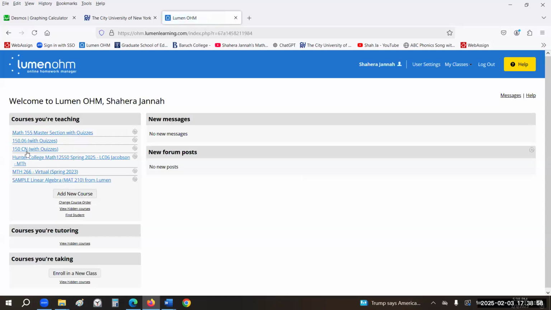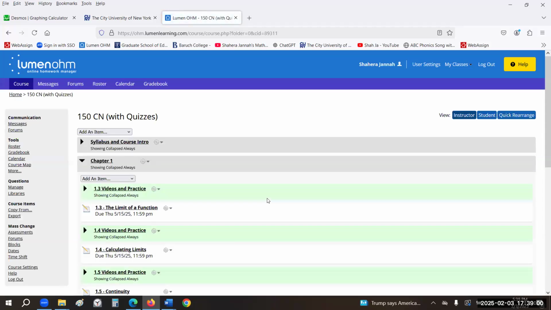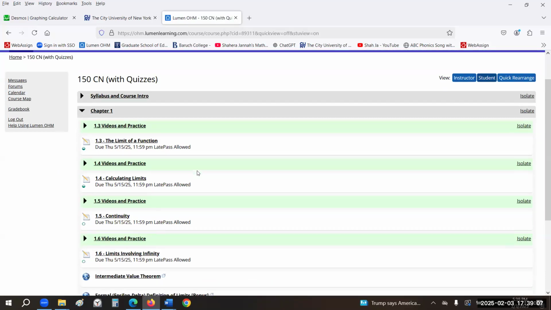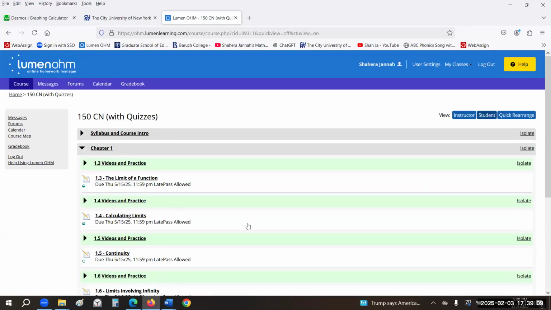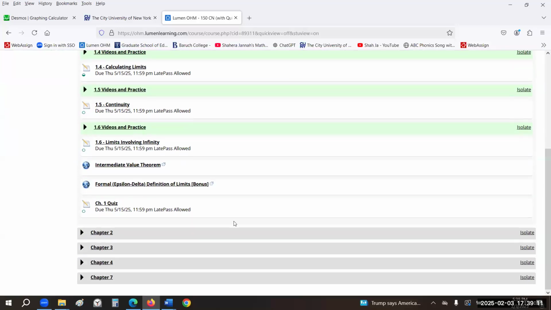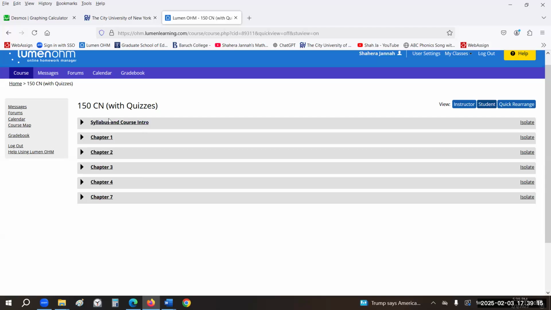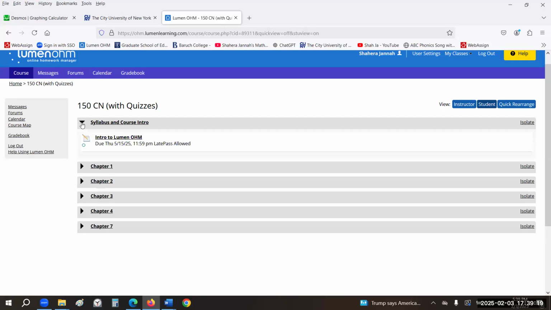Once you log in, you're going to see this class. Let me go to student view. You're going to see your gradebook on the left and all these things here. Usually the first thing looks like this, with everything in closed version. Here is the course syllabus. I actually don't have the syllabus here because I uploaded it on Brightspace.